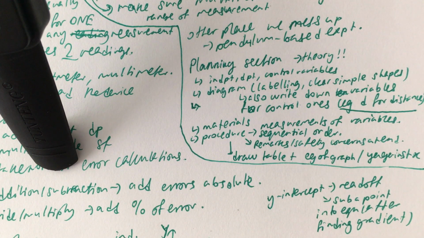And if you had to throw a certain object, or you need to worry about very heavy objects, then you can write some measures to make sure that they don't accidentally drop anything heavy on their feet or something like that. So just take note of those kinds of safety issues, and suggest ways to avoid them.